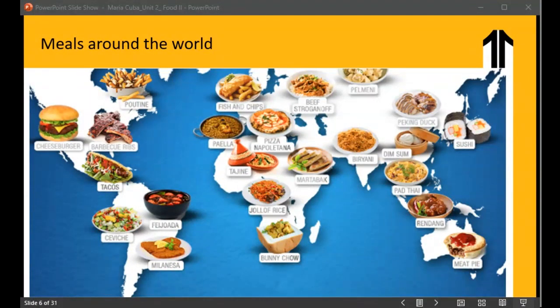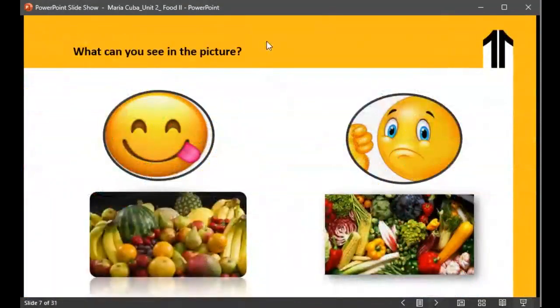The sushi in Japan. And so around the world, we have a lot of dishes. And we have preferences for some of them. Right? We can express our preferences for some of them.